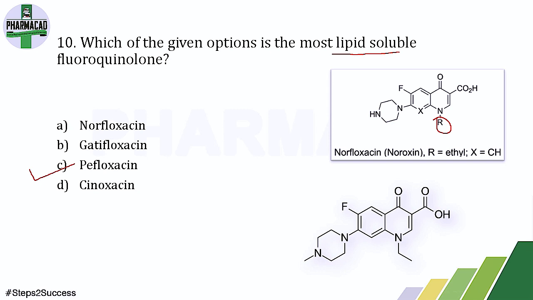So here, instead of NH in the ring, we have a methyl substitution. This will increase the lipid solubility of pefloxacin, and hence it is the highly lipid soluble drug which is absorbed maximally from the body. Okay, hence the correct option here is pefloxacin.